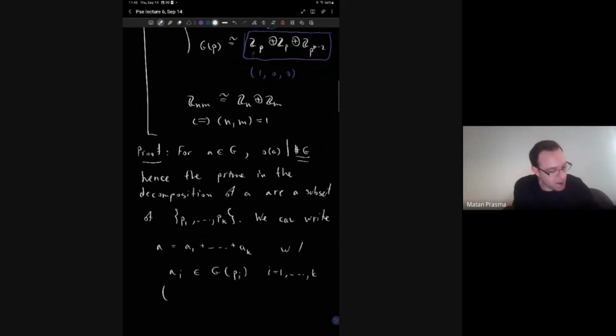Of course, it could be that, for example, p1 does not appear in the decomposition of the order of a, but then we take a1 to be 0. So I can always do this.